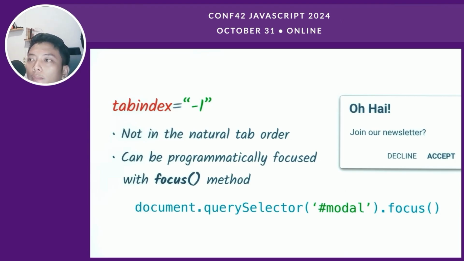If you have a modal or dialog in your website, tab index -1 is good for that. You can use jQuery, something like that, and then use focus, or you can also use tab index -1.